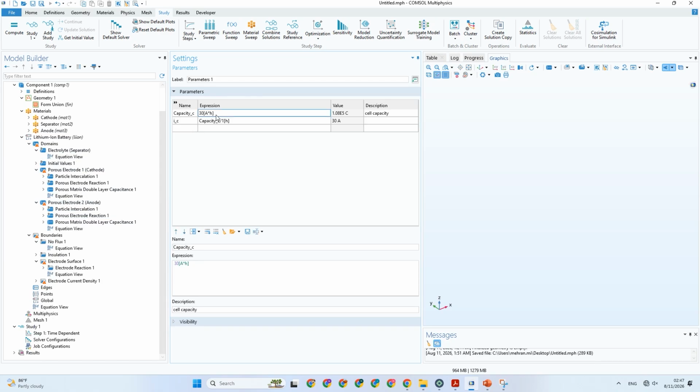And also we can divide this value by area. It doesn't matter.